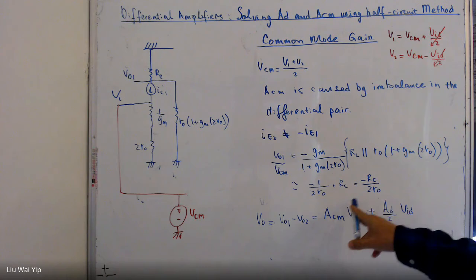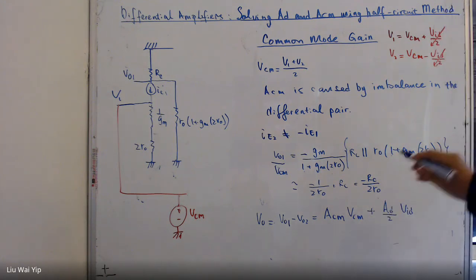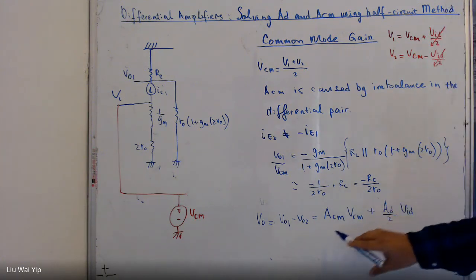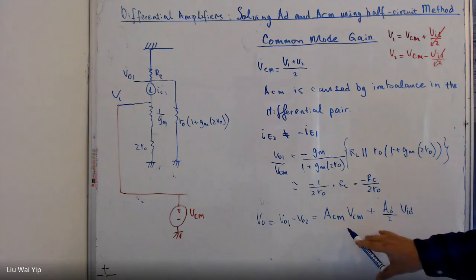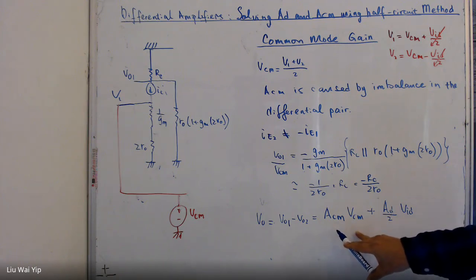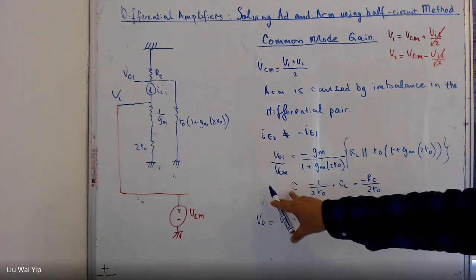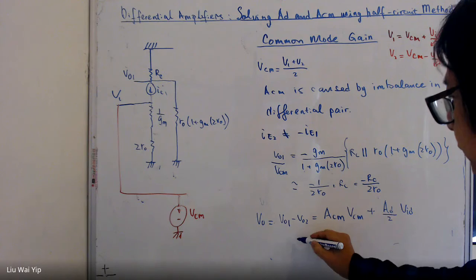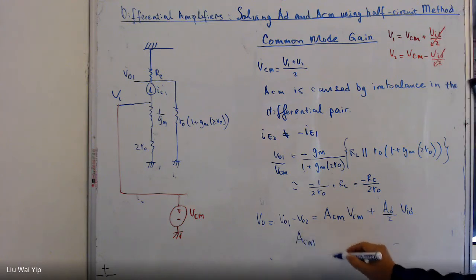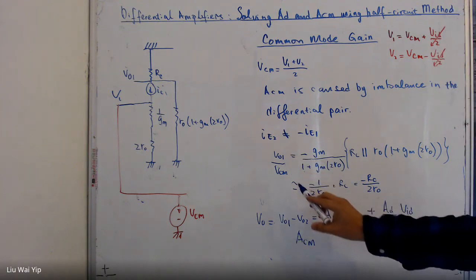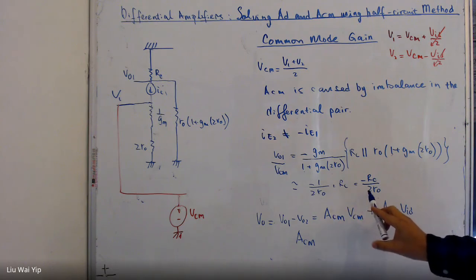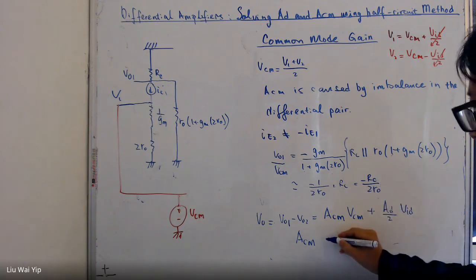With this in mind, based on this equation, we automatically know the common mode gain ACM is equal to this value.